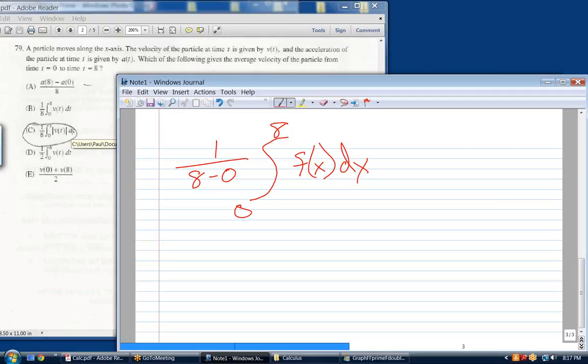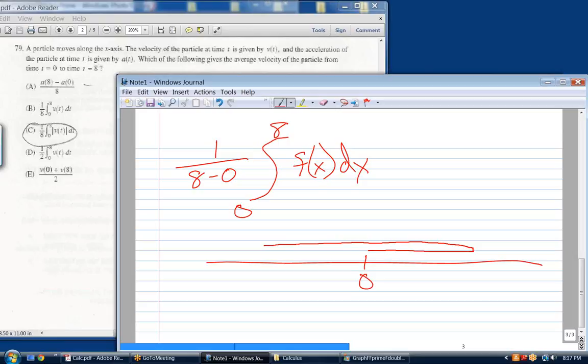Okay. And the reason is that if you have this particle moving on a line, here's the 0 point, and the particle goes like this to the right, and then goes like that to the left, and then goes like that to the right, the average velocity is going to be very close to 0 because we got some positive velocities, we got some negative velocities.